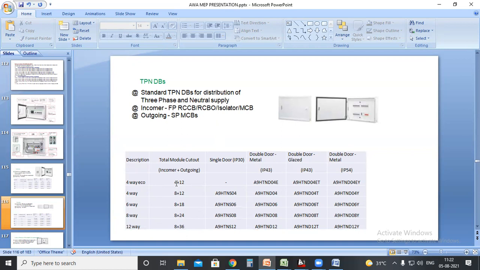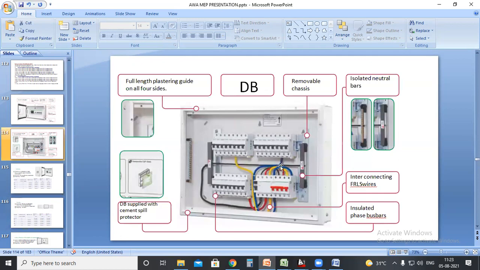But the left side, for 8, what would the 8 indicate here? This indicates you have 8 module space in the incomer. If you count the incomer module space, that is 1, 2, 3. Just imagine how many individual MCB breakers you can place here: 1, 2, 3, 4, 5. The width is exactly equal to this one.